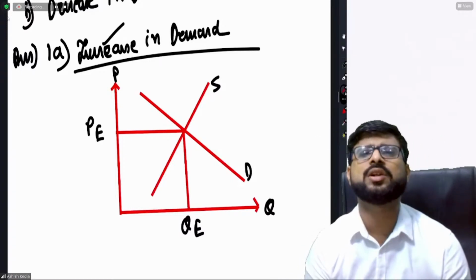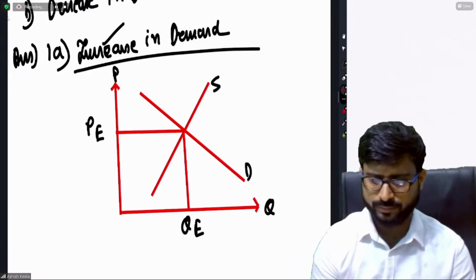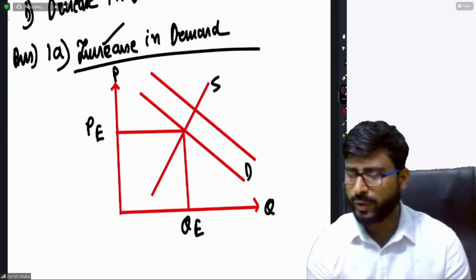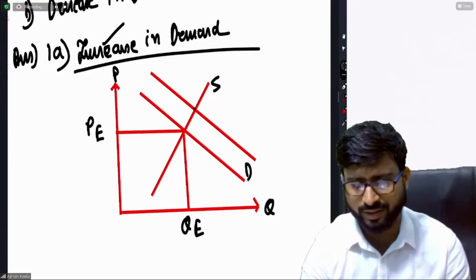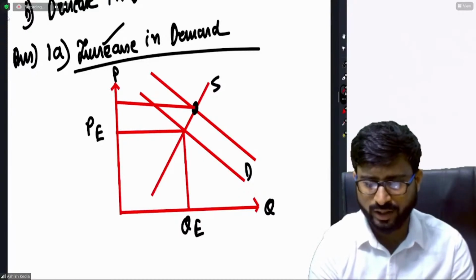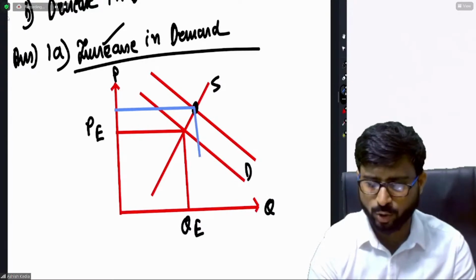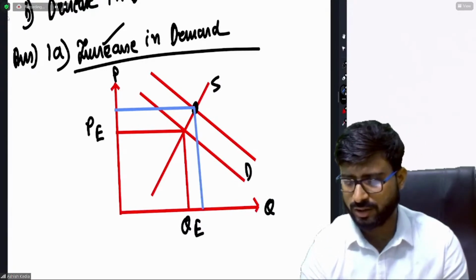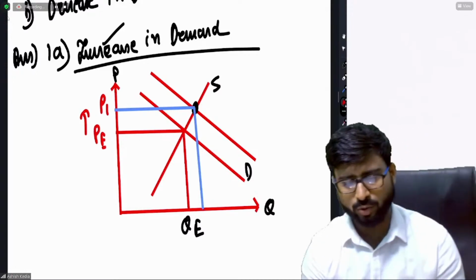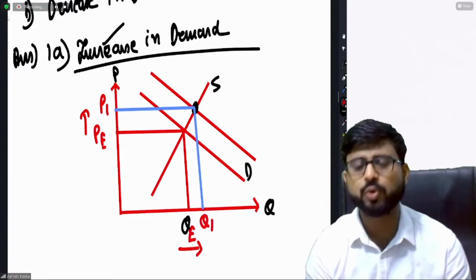Now there is a rightward shift in demand. Okay? Rightward shift. So where is the new equilibrium price and quantity intersecting? Here. So bas, draw this, join them. I am using another color, let's say blue. This is why I told you to keep 2 pens. So see, what happened to equilibrium price? Initially it was at PE, equilibrium price rose to P1, and equilibrium quantity was at QE, it rose to Q1.